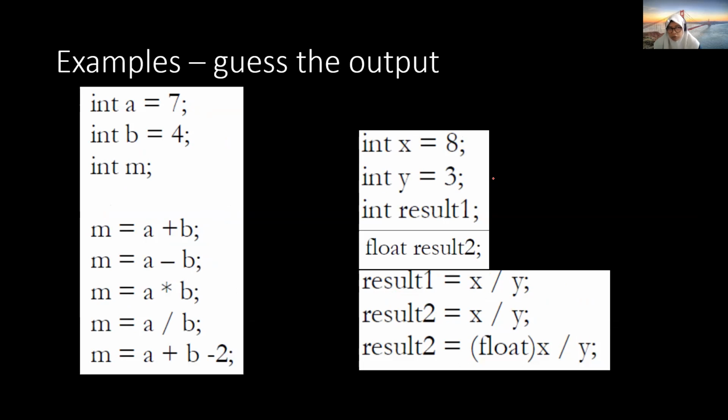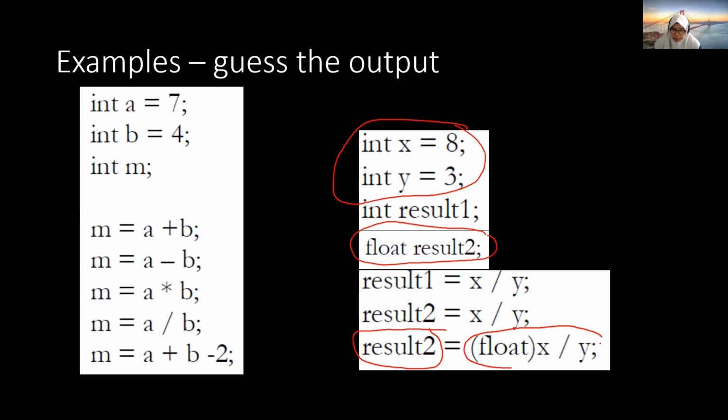How to change if I want to take the decimal point as well. We can see that x and y are integers and result 2 is a float.